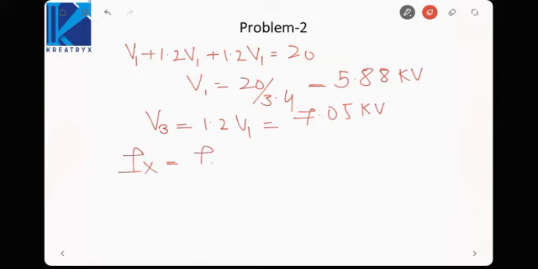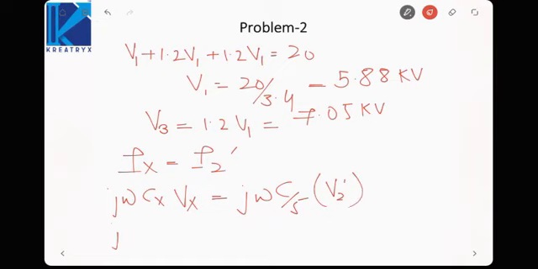Now Ix will be equal to j omega Cx into Vx, and I2 dash is j omega C by 5 into V2 dash. J omega Cx, voltage across this capacitor.